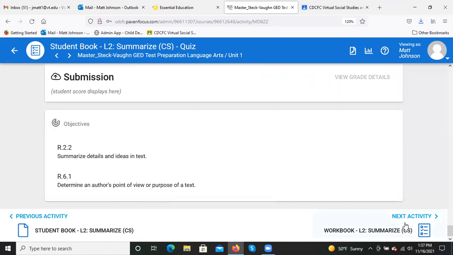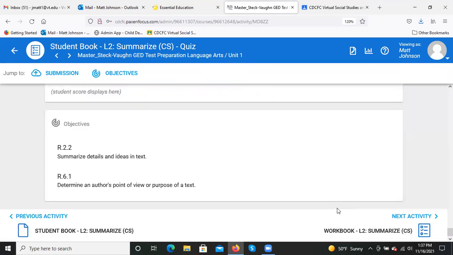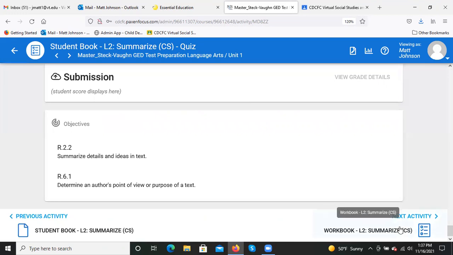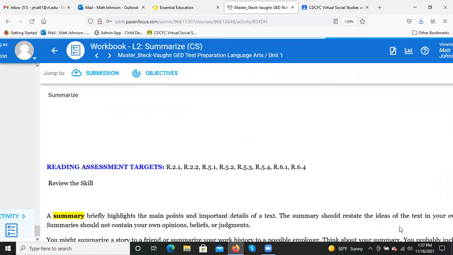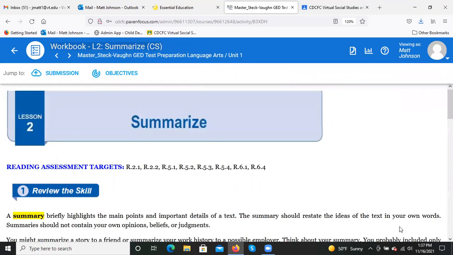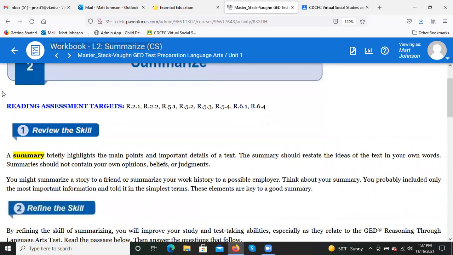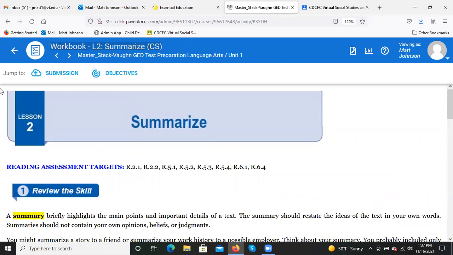We'll just go down to next activity once you submit. Next activity, workbook, lesson 2. Give everybody a moment, make sure they're on the right place there. Yeah, workbook, lesson 2, summarize.